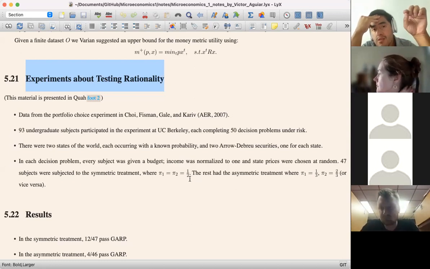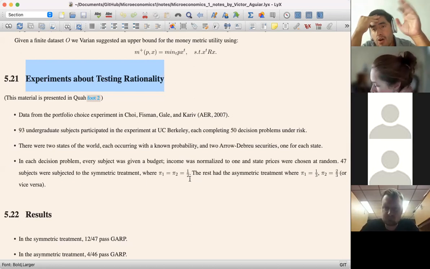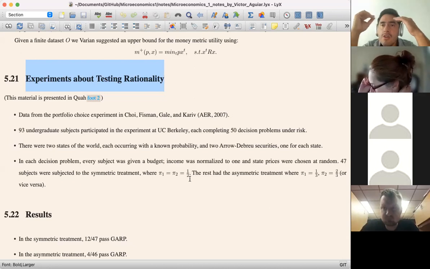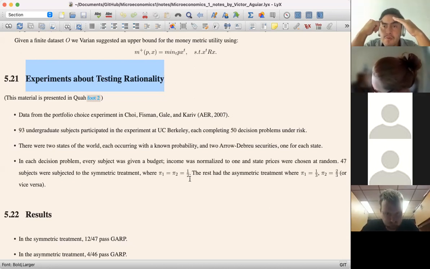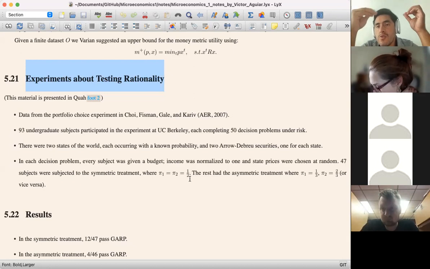Then they participate in 50 decision problems, right? So why so many? Well, the whole innovation of this paper, which was published in the American Economic Review, AER 2017, was that they were the first allowing experimenters to have many decision tasks.